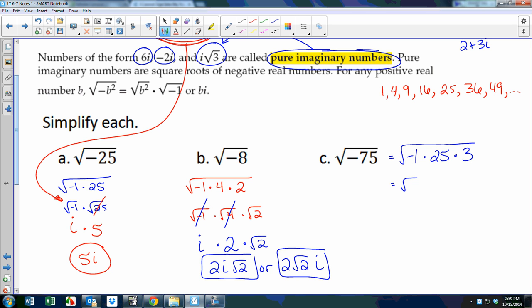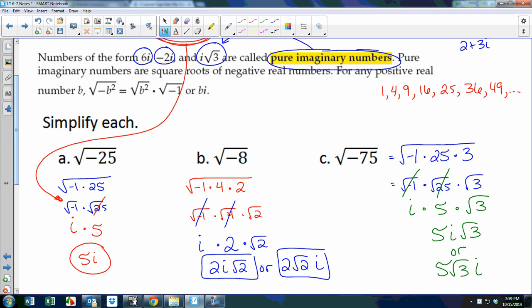So if I rewrite that as the square root of negative 1 times the square root of 25 times the square root of 3, the first is i, the square root of 25 is 5, and the square root of 3 does not reduce. So this is 5i square roots of 3, or 5 square roots of 3 times i. Either answer.